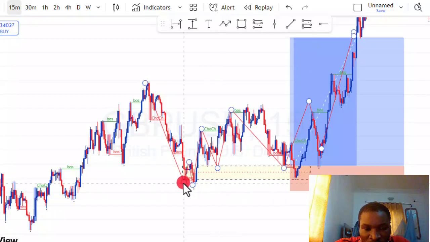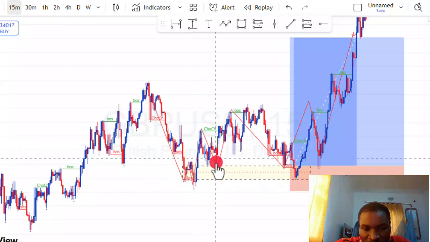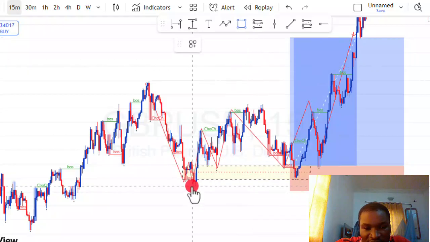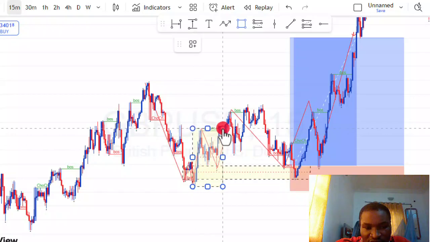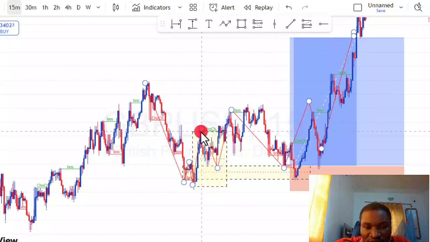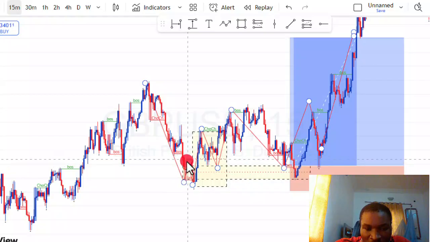So price first of all takes out, gives us this liquidity, gives us this inducement, gives us this break of structure. And don't forget, you have to validate it. You have to validate this inducement before trading it. You have to validate if it came back to its premium, if it's getting this breaker block.